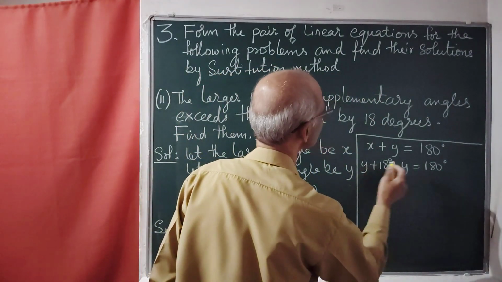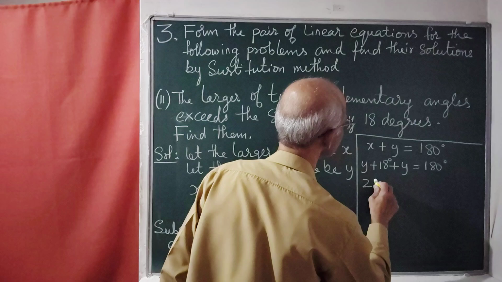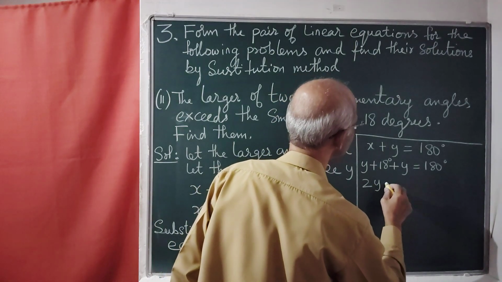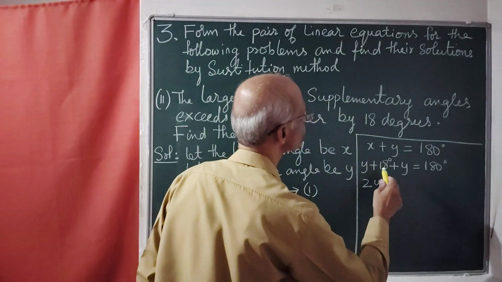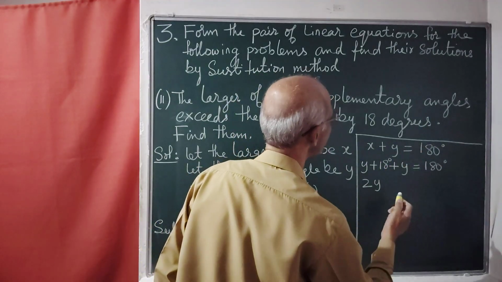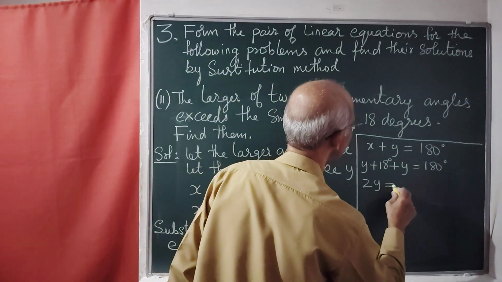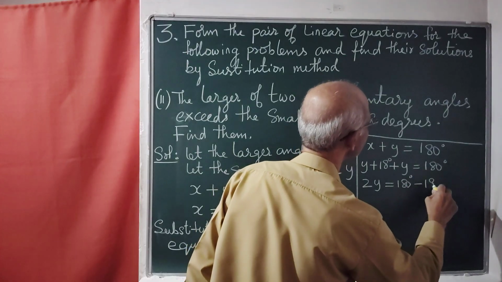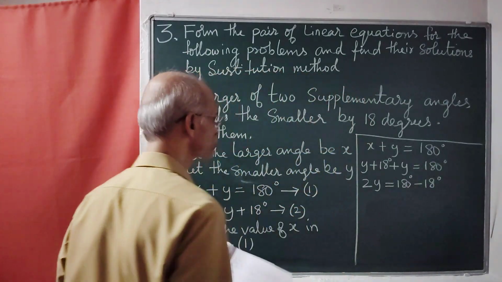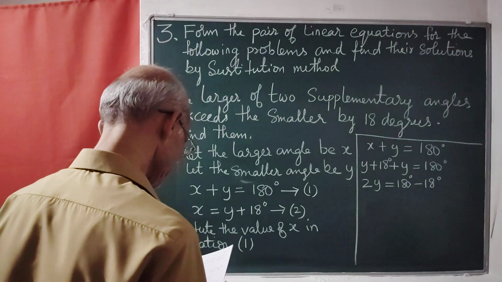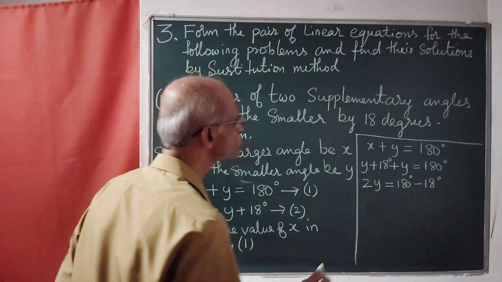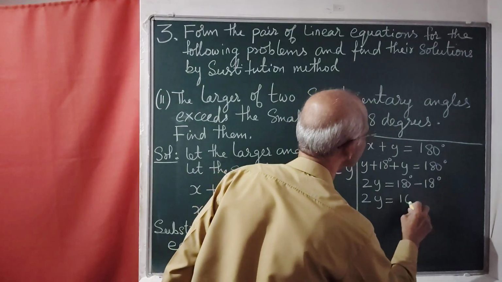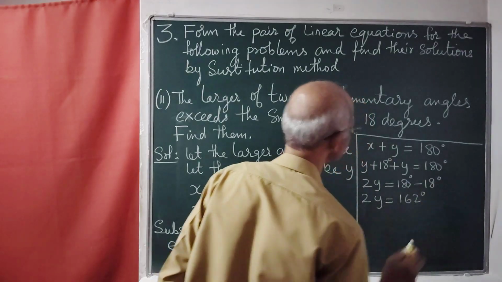So y plus y will be 2y. I will transpose 18 to the right side. 2y is equal to 180 minus 18 degrees. 2y will be equal to 162 degrees.